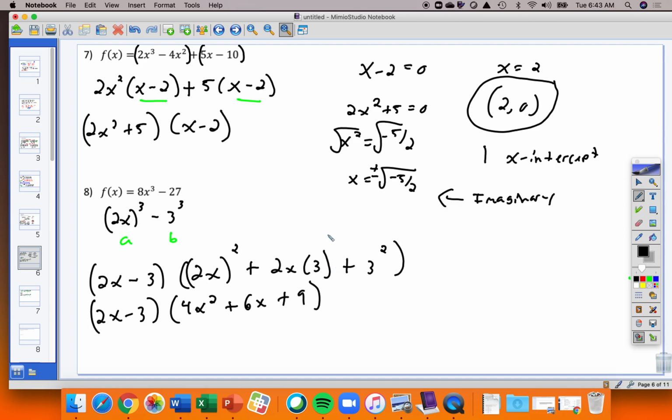Okay, so then we have to take each of these and set it equal to 0. I'm going to erase this up here so I have some more space.